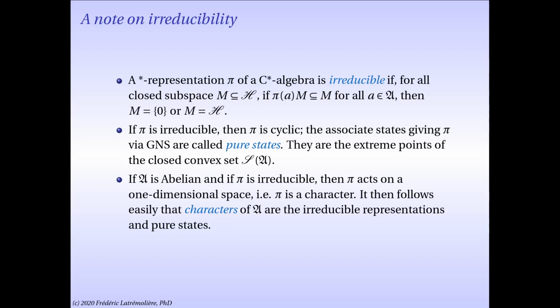Nonetheless, it would be a bit of a stretch to go as far as saying that irreducible representations, or for that matter pure states, are a good replacement for points in non-commutative geometry. I think this statement is incorrect. I will now conclude this lecture on representation theory for C-star algebras.